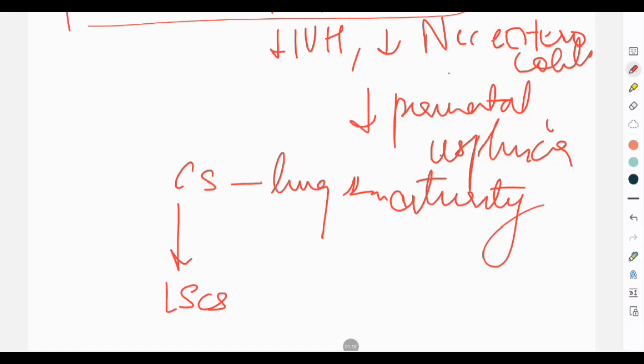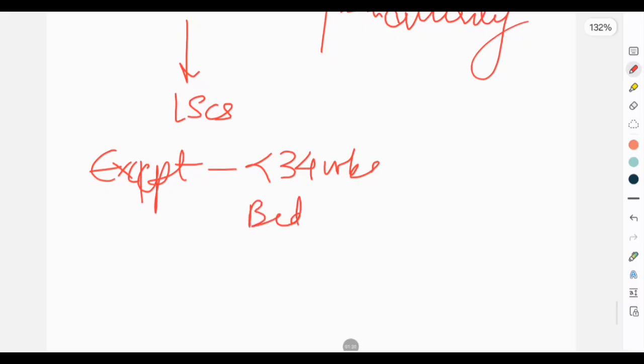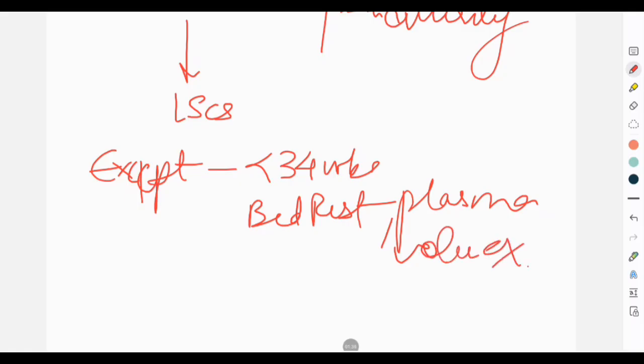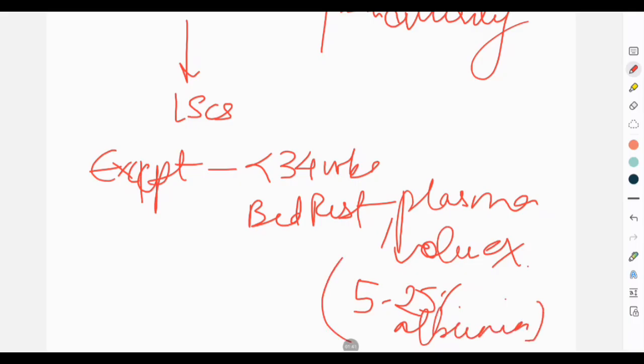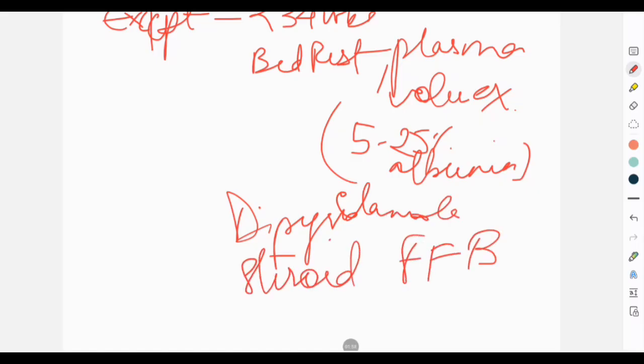Except in less than 34 weeks, we advise bed rest, plasma volume expansion, 5 to 25% albumin, dipyridamole, steroids, and FFP.